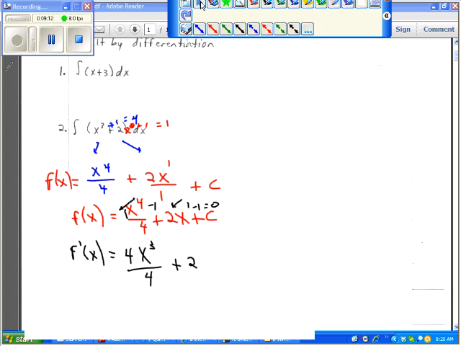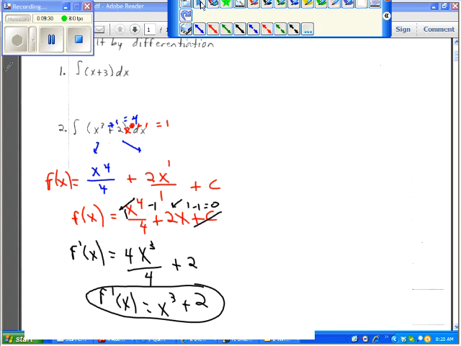So we just have the 2, and we know that the derivative of 2x is 2. And then the derivative of a constant is 0, so that goes out. So we have f prime of x is x cubed plus 2. And we verified that that's what we started with there.